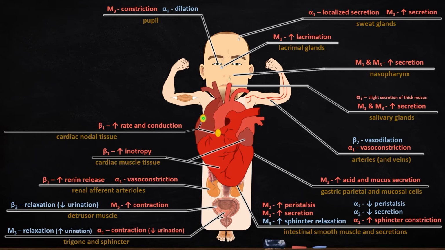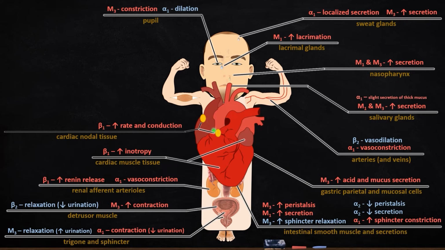The SA node normally dominates the rate and rhythm, so that would fire action potentials automatically, even without input from the central nervous system. The central nervous system can regulate that, but it does fire on its own at a regular rhythm here.